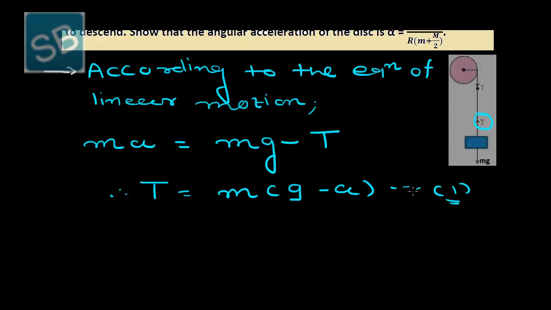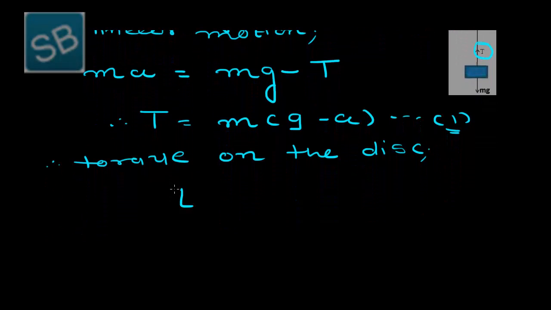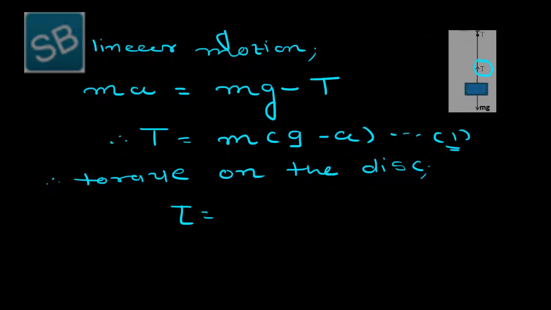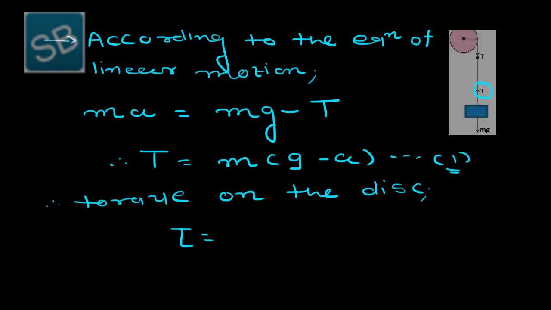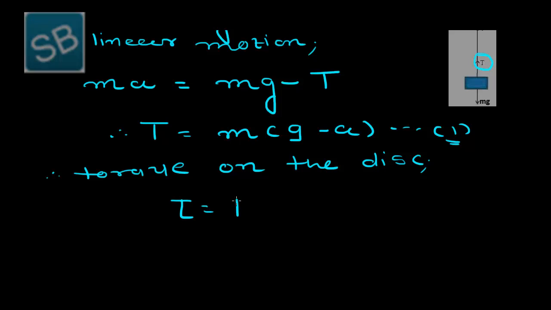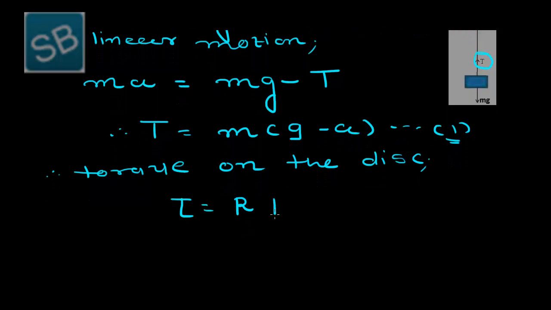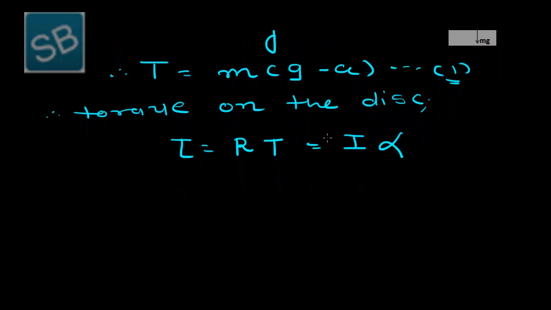Now if we talk in terms of the torque which is applied on the disc, this torque is given by the equation tau is equal to I into alpha, but here we will consider another equation, that is in terms of R cross F. Here I am putting, instead of R, the radius of the disc, and the value of force as capital T, meaning the tension force, and so I can compare this equation with I alpha, and so I can now make the angular acceleration the subject.